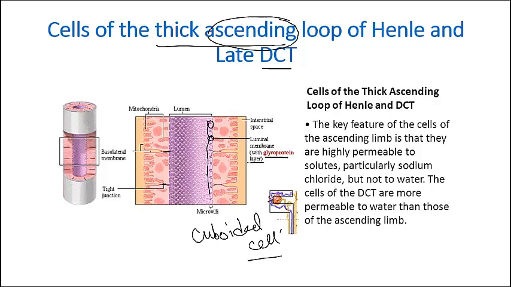Okay. Now the key feature of this cell is that they are highly permeable to solutes, particularly sodium and chloride, but they are not well permeable for water uptake. So for water, very less permeable, but for solutes, highly permeable.